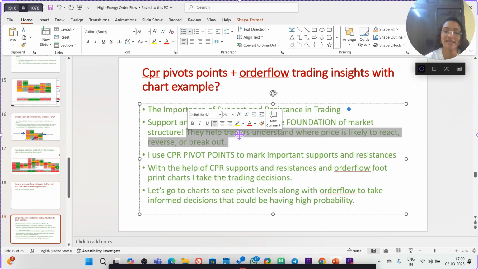With the help of CPR, supports and resistances and order flow footprint charts, I can take trading decisions. Let's go to the charts to see the pivot levels along with the order flow and take informed decisions that could have high probability.